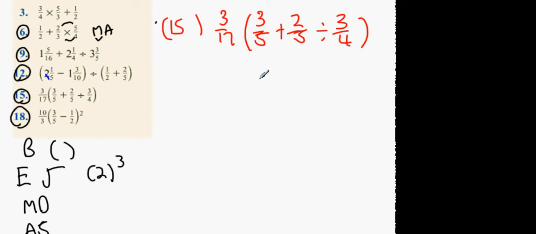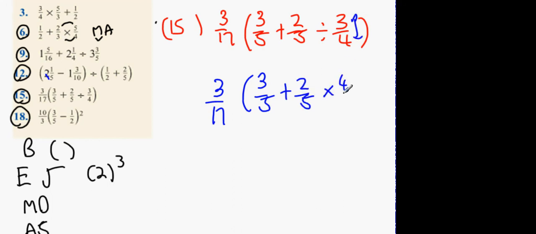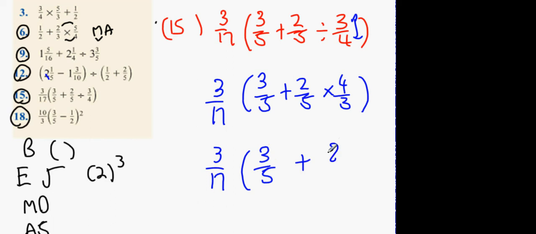You don't need equivalent fractions, because they're being divided by each other. So you flip 3/4 and then you multiply. What do you get when you multiply them? 8 over 15. So you're going to get 3/5 plus 8 over 15.